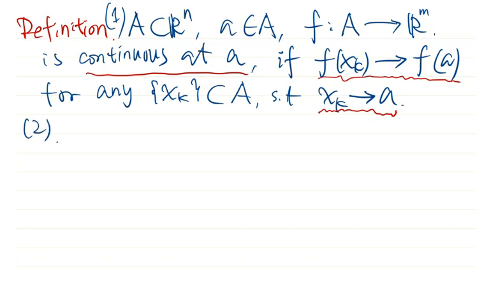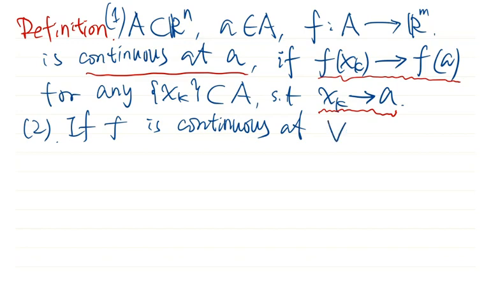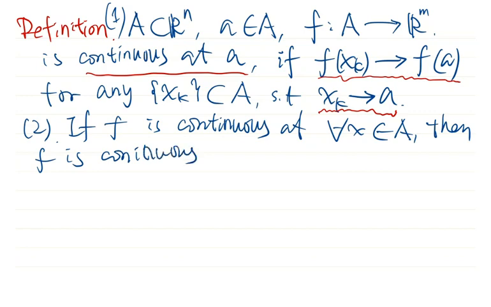The second part: if f is continuous at every point in A, then f is continuous on A, or we just say that f is a continuous function. Okay, so this is the definition. Okay, now I will give you an example.